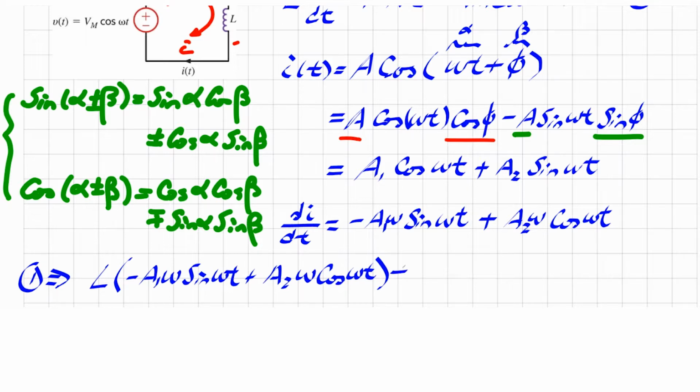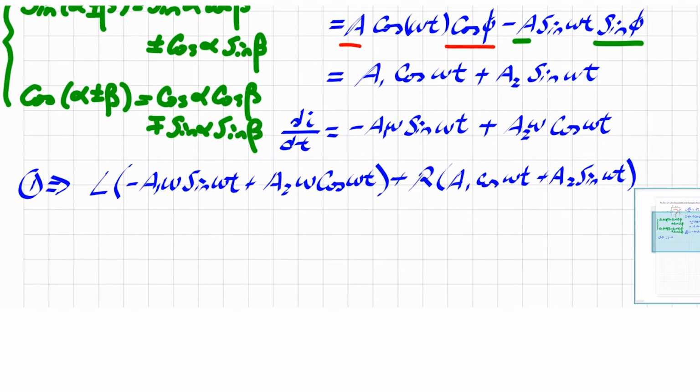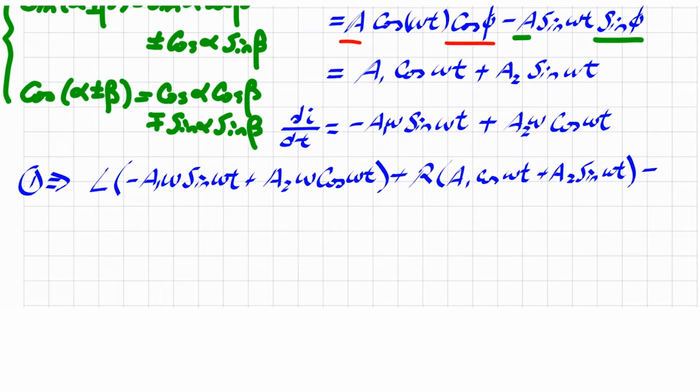Now plus R times I, and the I is equal to A1 cosine omega t plus A2 sine omega t. And that is equal to Vm times cosine omega t.